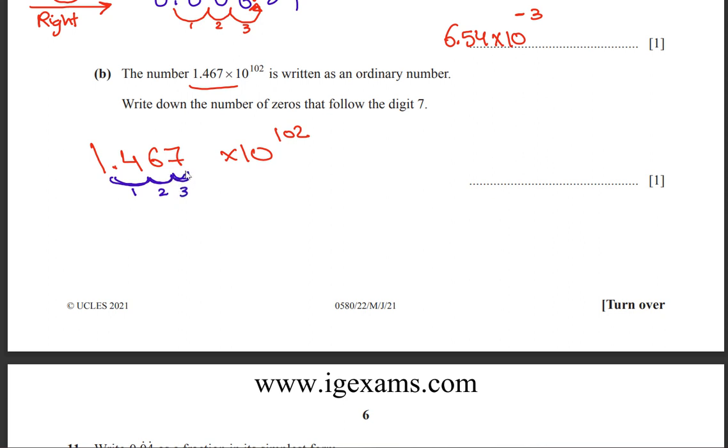Then there are no numbers to jump, so I will complete all the rest with zeros, until 10 to the power 2 finishes. So I have to jump 3 jumps first on the digits that I have, then complete zeros. How many zeros? 102 minus the 3 digits that I jumped gives me 99 empty places to fill with zeros.